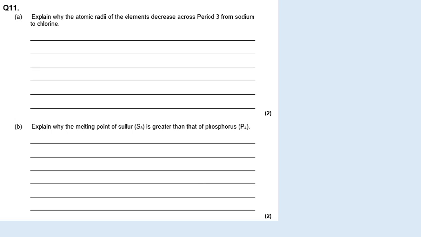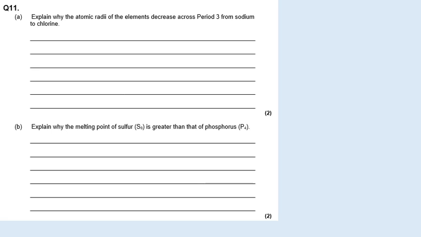Right, A, explain why the atomic radii of the elements decrease across period 3 from sodium to chlorine. So the reason that we have a decrease in radius is because they have the same number of electron shells, but we have a bigger nuclear charge, which means the nucleus pulls those shells closer to the nucleus and therefore a smaller radius.